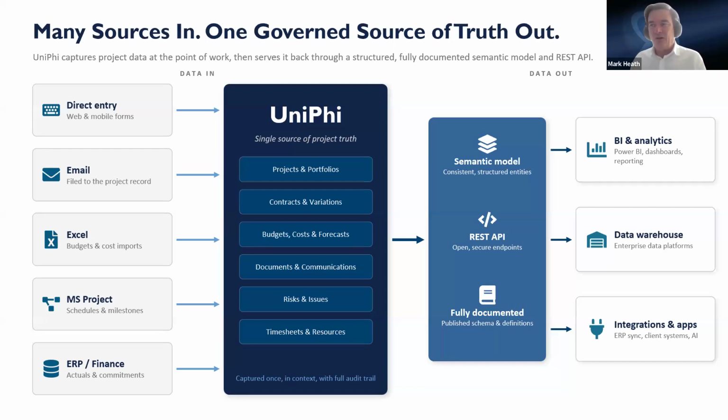It will run your portfolios and deliver them, assist you in delivering them across those functional areas that you can see on the slide there, with data sources for those functional areas coming either directly into the interface itself or coming from third-party products. And so you have this massive data feed coming in from so many sources into one governance source of truth out. And it's about leveraging that source of truth out.